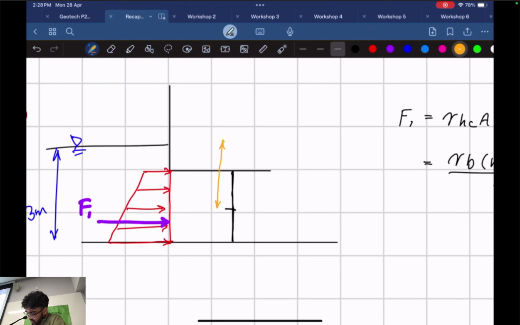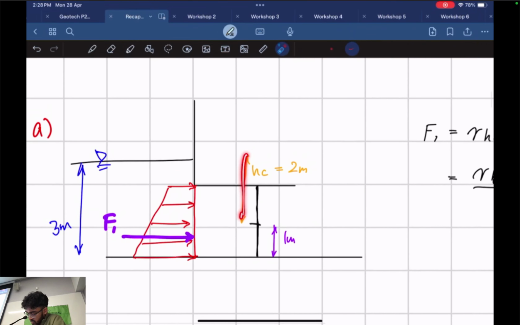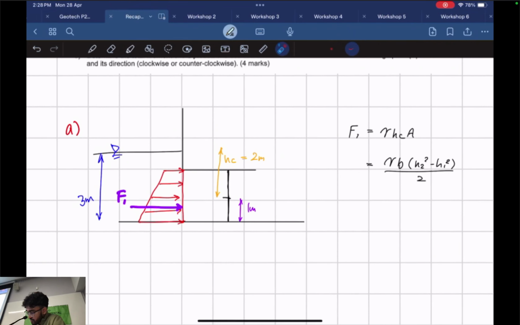Some people have already figured out that it will be 2 meters. The reason being, our radius is 1 meter, so the rest of the distance is just 3 minus 1, which is 2. Not too hard. So you can just plug into this equation.